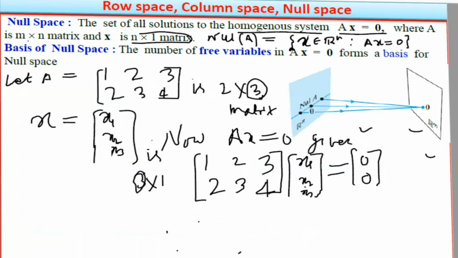The augmented matrix can be written as 1, 2, 3 with 0, and 2, 3, 4 with 0.